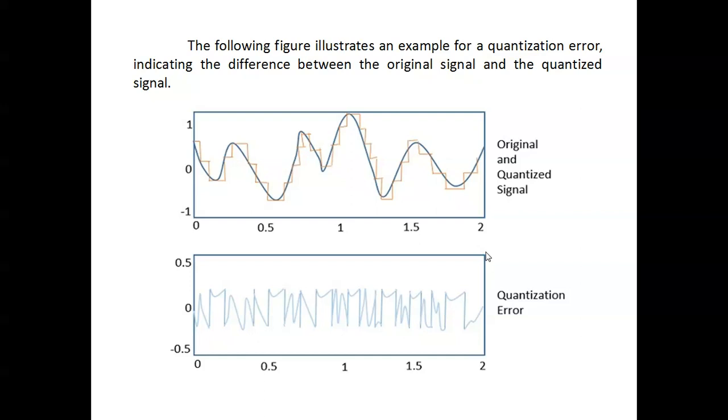The original signal is the blue line, and the quantized signal, the brown line, looks like a staircase waveform. The second plot is the quantization error, also shown in blue: the difference between input and output. That is the quantization error.